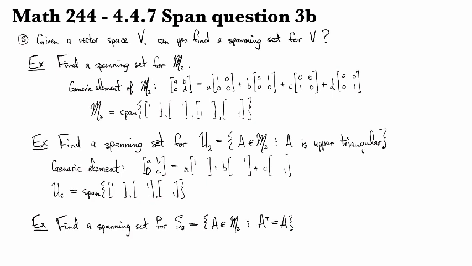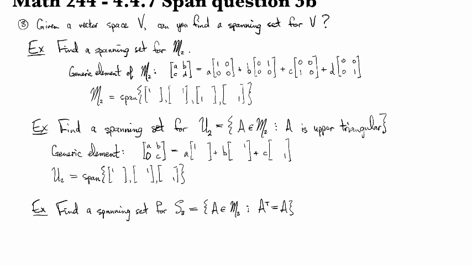Again, I want to find a generic element. What does something that lives in S3 look like? Thinking back, the condition on the coordinates is that Aij needs to equal Aji, because Aji is the ijth entry of A transpose.